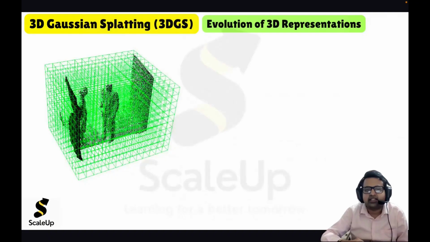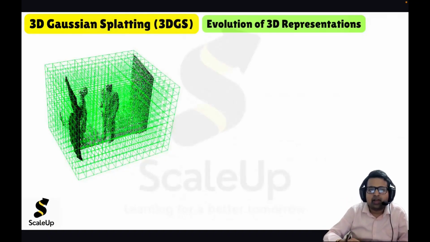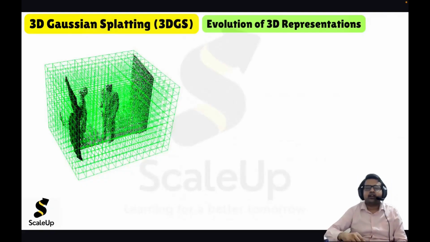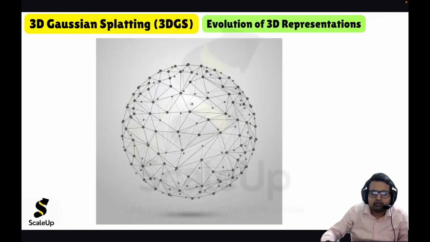As we can see, the 3D space is divided into cubes, and we fill the cubes to represent the 3D scene. And this is the polygon mesh, wherein we have vertices connected with edges forming faces like triangles.